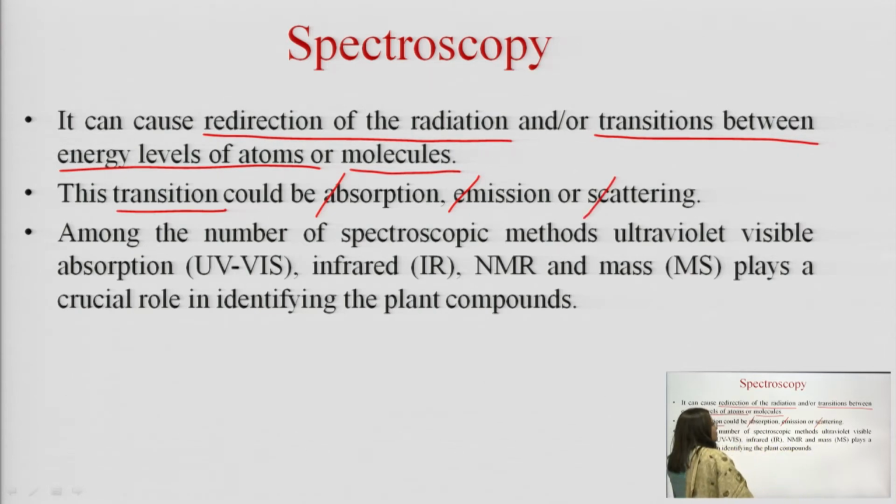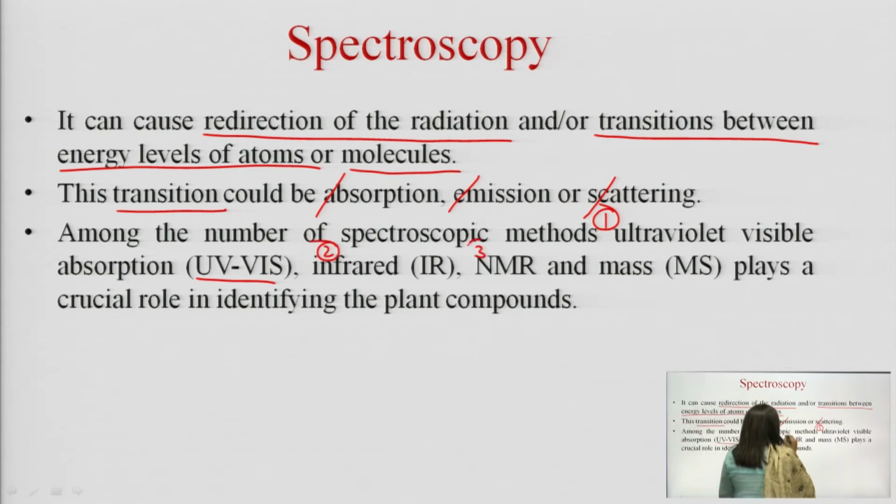Among the number of spectroscopic methods, the first one is ultraviolet visible absorption, abbreviated as UV-vis. The second one is infrared or IR. The third one is NMR, nuclear magnetic resonance. The fourth one is mass spectroscopy or MS, and they play a very crucial role in identifying plant compounds.